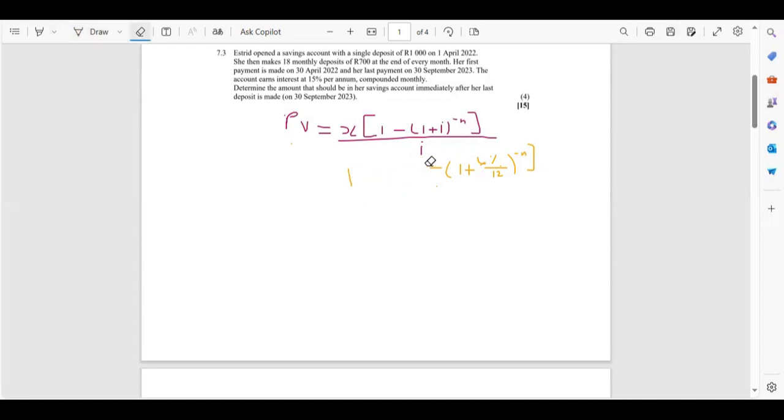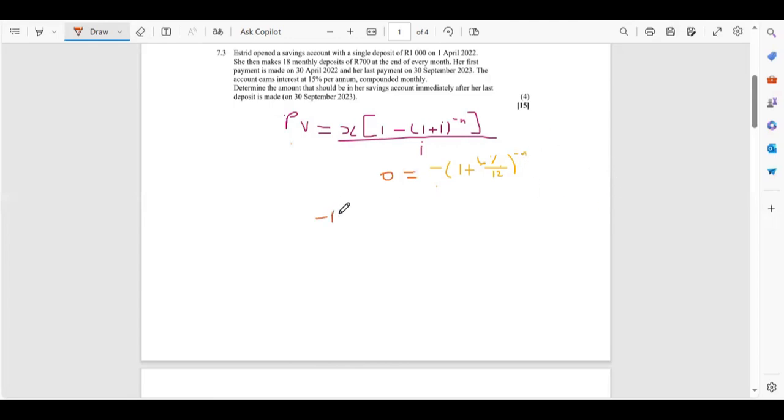So let me just erase this. So now this would be 0 is equal to negative 1 plus 6% over 12 to the power minus n. Now, remember, whenever you're solving for exponents, you need to make use of logs.